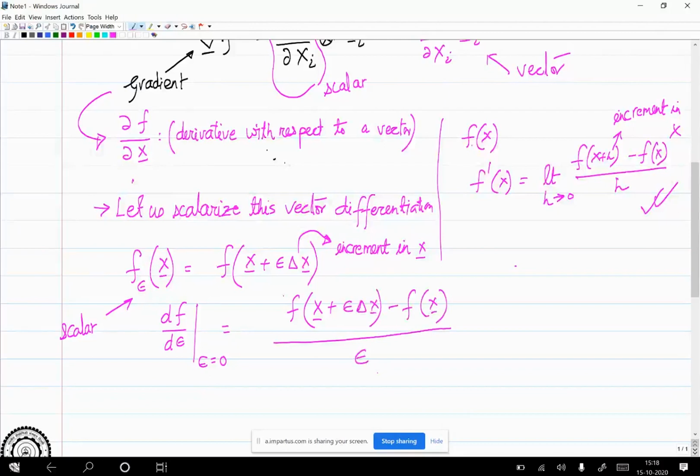Can you see this? So here, I'm simply taking the derivative with respect to epsilon. And I take the limit at epsilon tending to 0. Is that understood to you?